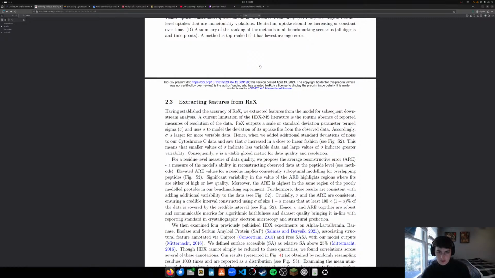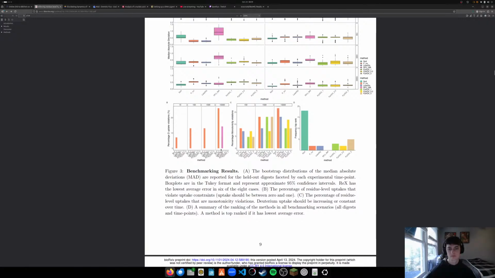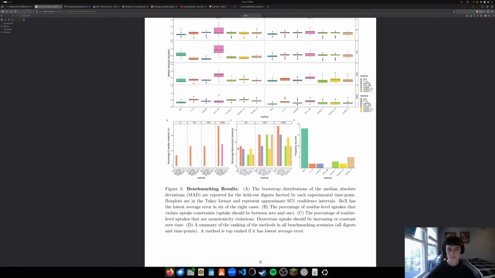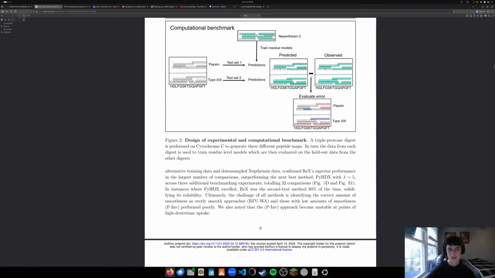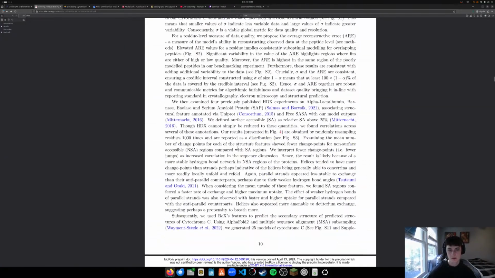Extracting features from REX. Having established that, we extracted features from the model for subsequent downstream analysis. The current limitation. Why didn't they just do an actual versus predicted plot, you know?